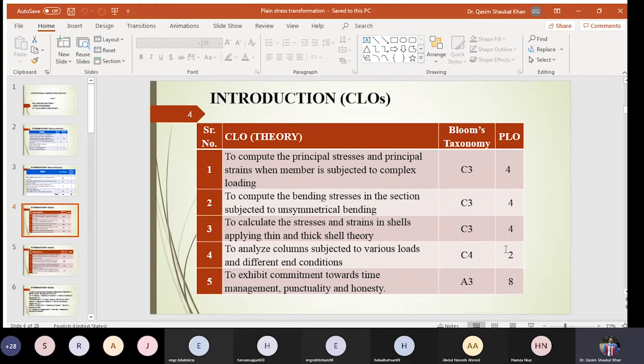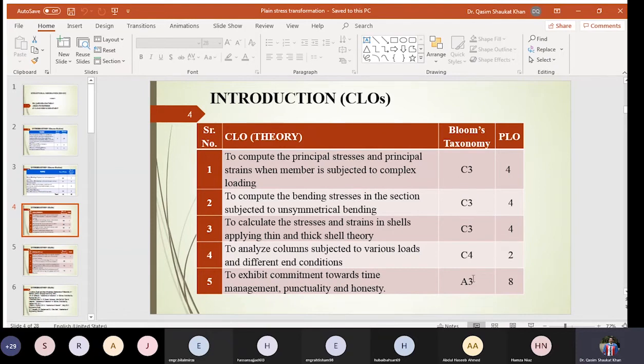PLO1 is engineering knowledge, PLO2 is analysis, PLO3 is design or solution, and PLO4 is basically your investigation. In most of your subjects, you will see PLO1, 2, 3, or 4. Now over here in structure mechanics, there is another CLO, CLO5, that is to exhibit commitment towards time management, punctuality, and honesty.